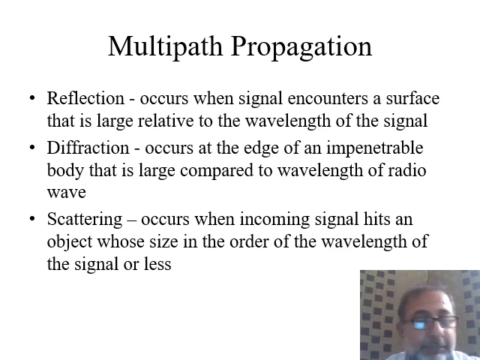So multipath propagation has three sources. Number one, reflection. Number two, diffraction, which occurs at the edge of an impenetrable body that is large compared to the wavelength of the radio wave, and the scattering also.